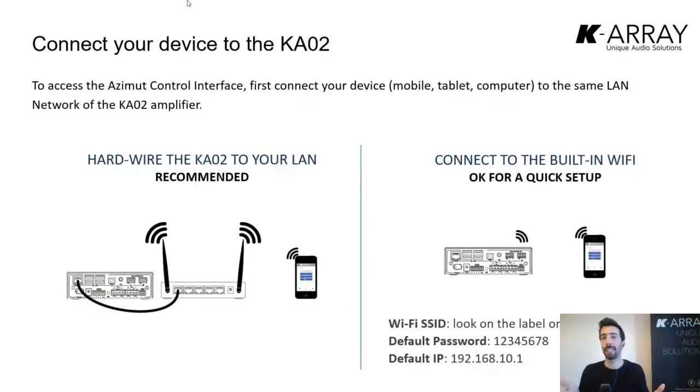And internet access could be very useful to use some features like web radio streaming or Spotify. So my recommendation is wherever you can, whenever you can, hardwire the amp to your local network. If you cannot do it, use its own Wi-Fi to set up the amp, taking advantage of the onboard Wi-Fi.